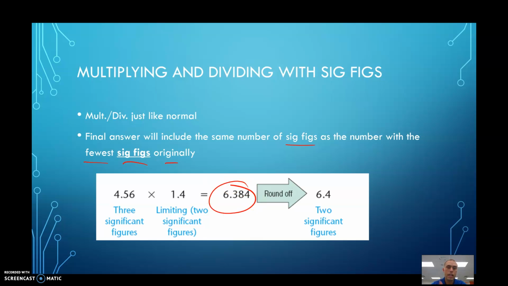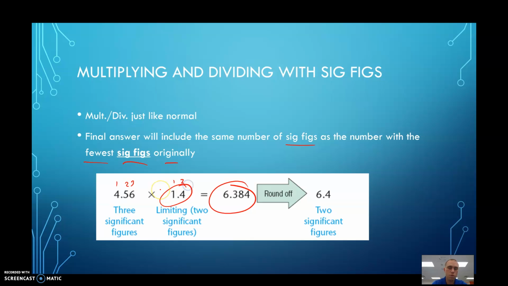Again, our final answer can only be as accurate as our least accurate measurement originally. Of these two numbers, here I have 3 sig figs: 1, 2, 3. Here I have 2 sig figs: 1, 2.